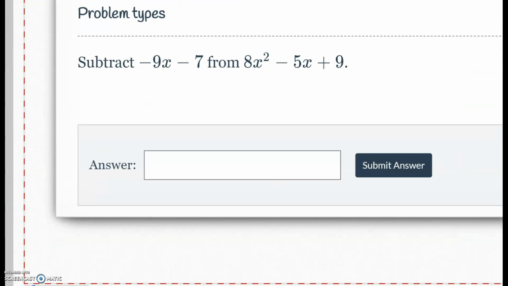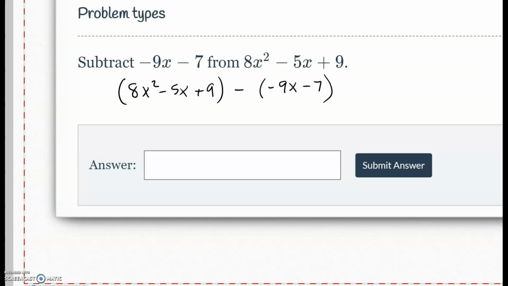Since we're subtracting this from the 8x squared minus 5x plus 9, I need to write that first. 8x squared minus 5x plus 9. That's going to come first. And I'm subtracting the other polynomial, which is negative 9x minus 7.